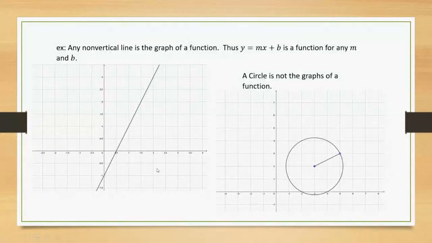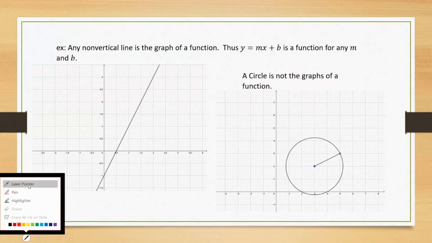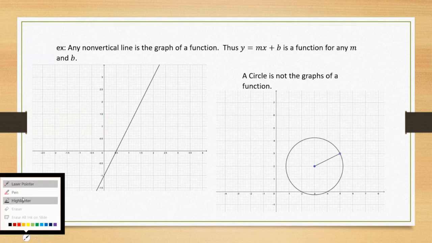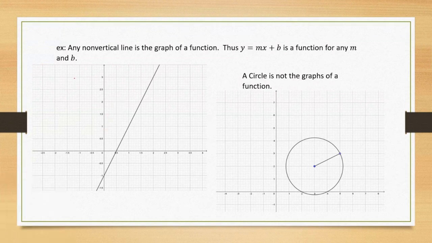So here are just two examples, okay? Notice that the first one here does pass the vertical line test. Let me try drawing a bit. There are vertical lines. Well, let me not draw there. Let me just erase that. There we go.